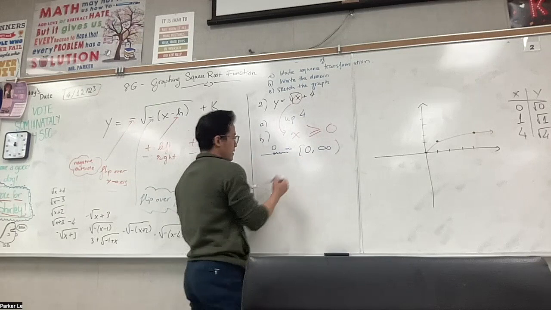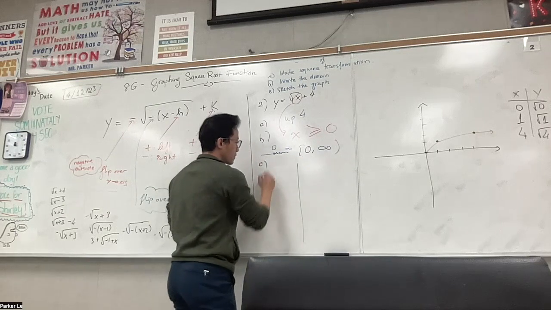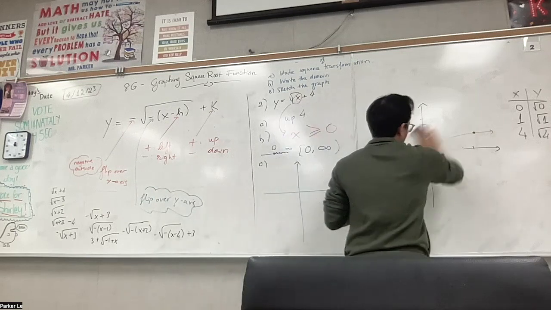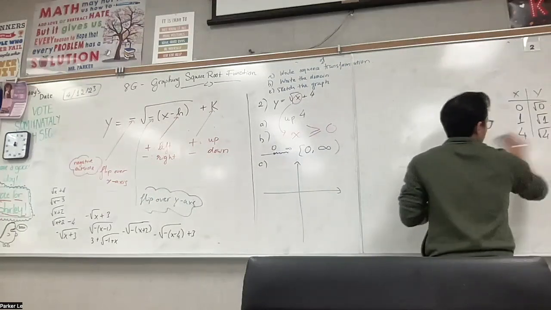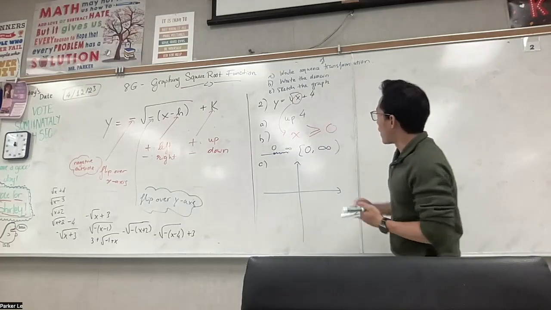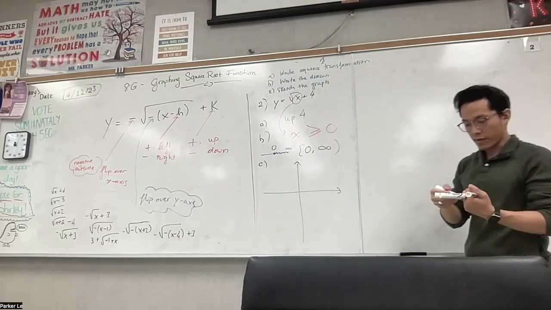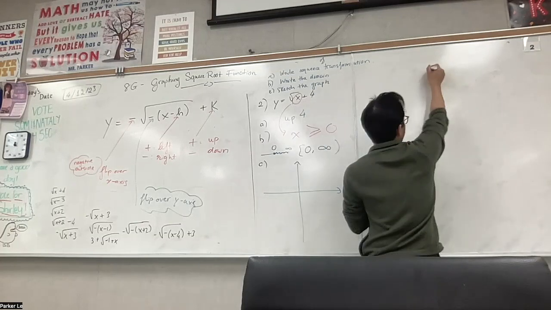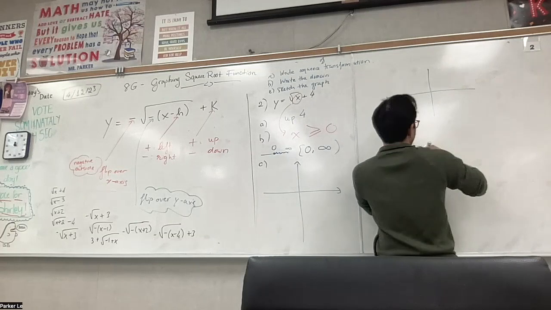Okay, last part is you graph it. So here, I'm going to show you how you graph this. If you need step by step, I can write that for you too. I know you guys like step by step. Okay, you're going to go up by 4, okay? The parent function, this is the parent function.